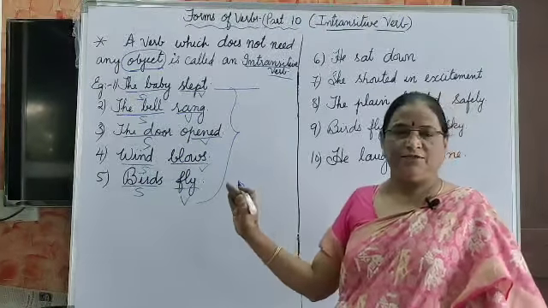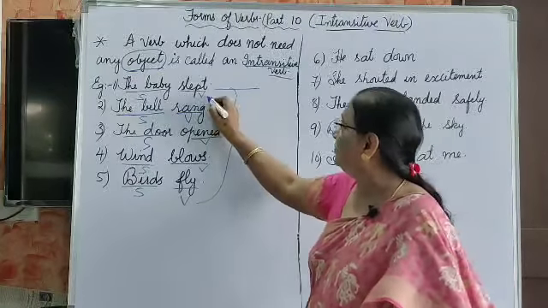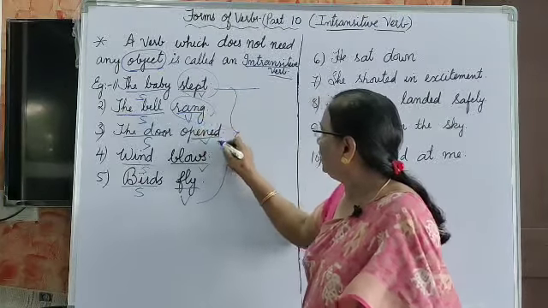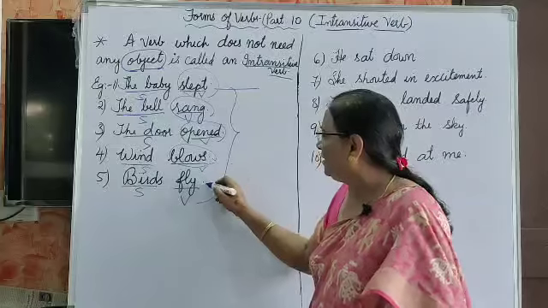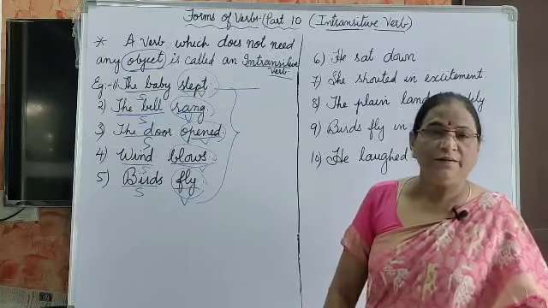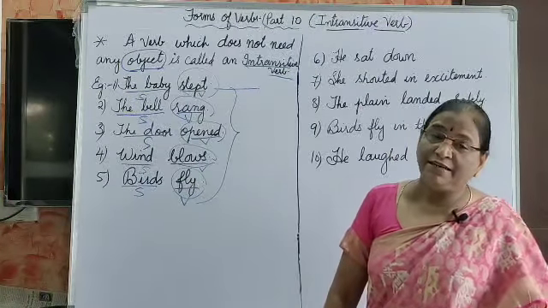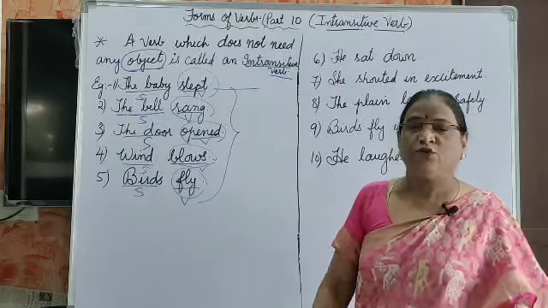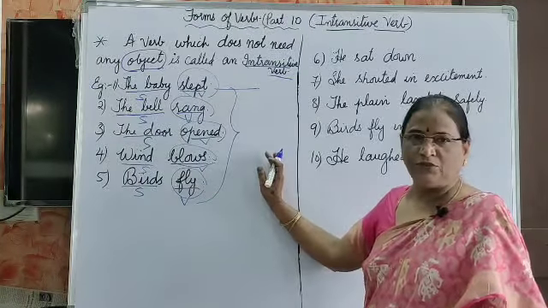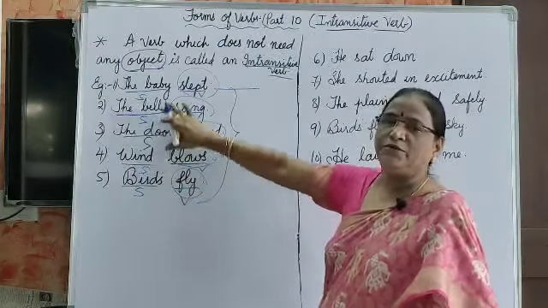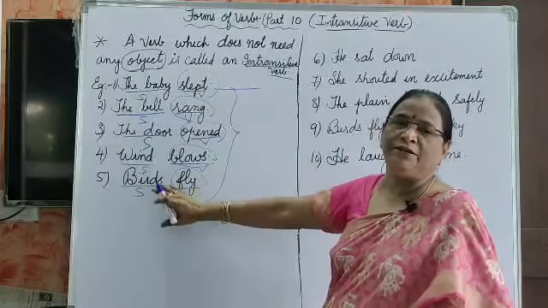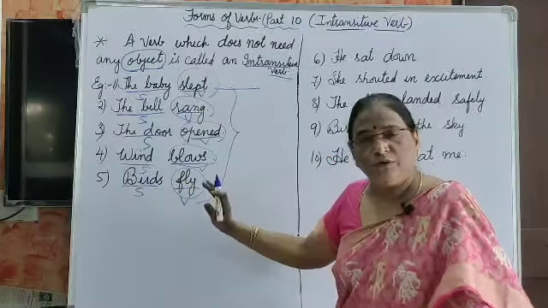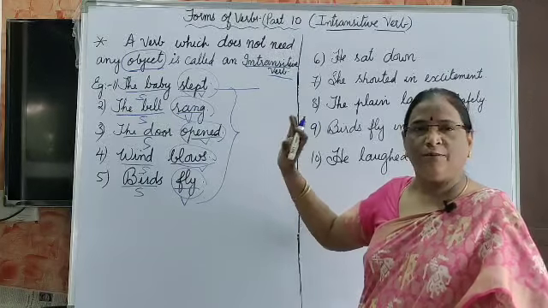So the verb which does not require an object is known as intransitive verb. In all the above sentences, we don't have any object, though they have complete sense.